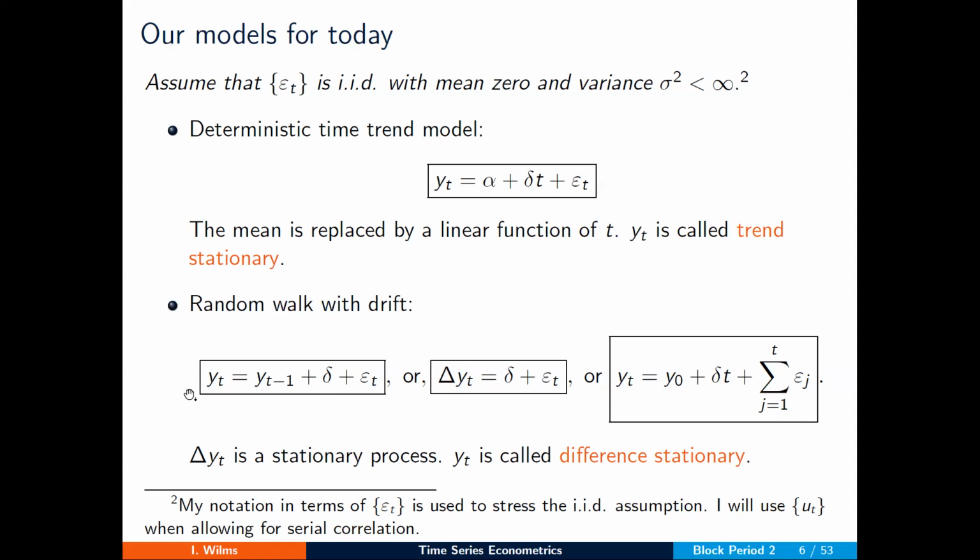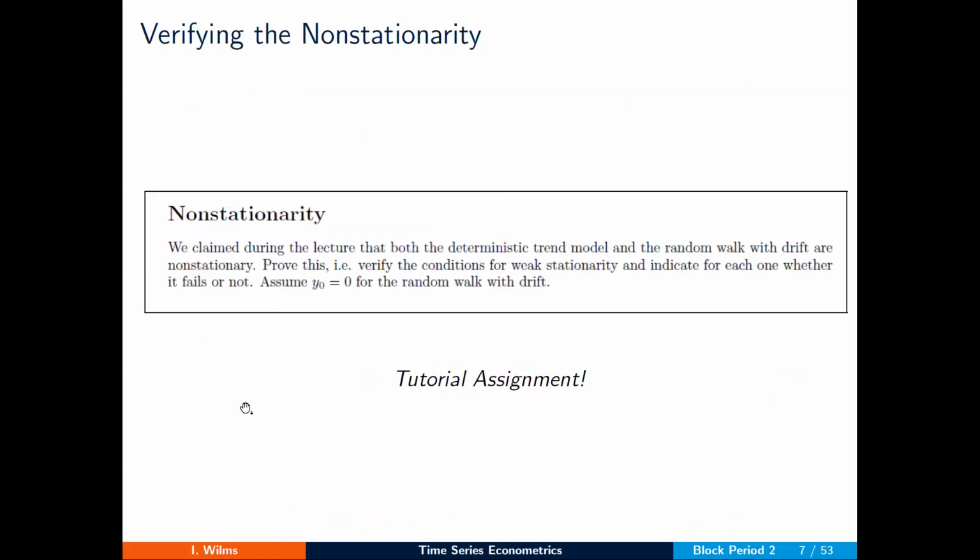Now, in both cases, the deterministic trend model or the random walk with drift, y_t is clearly not stationary. And so you can verify in your tutorial which conditions of weak stationarity are violated.